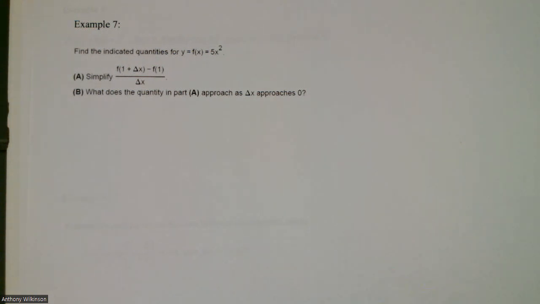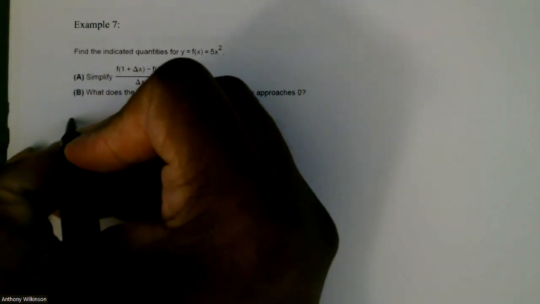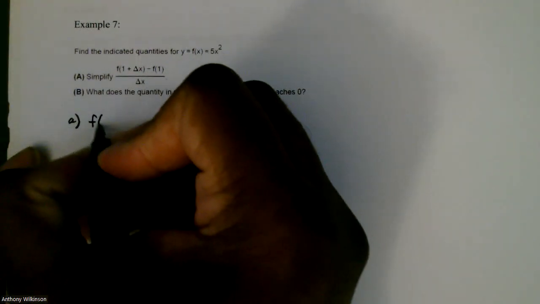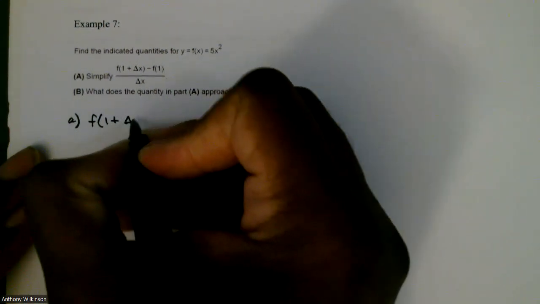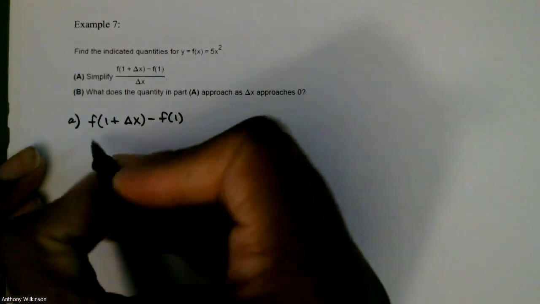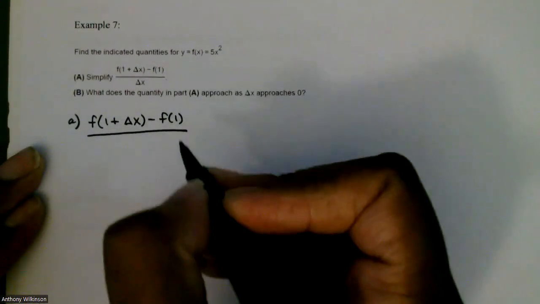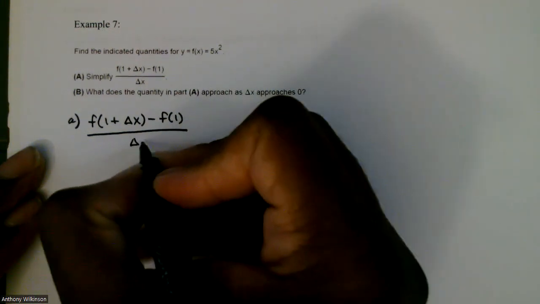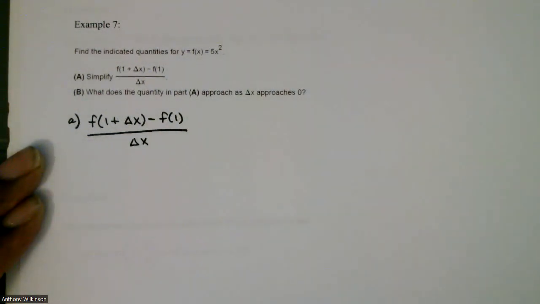Okay, so let's do this. We got f of x equaling 5x squared. So f of 1 plus delta x minus f of 1, divided by delta x.